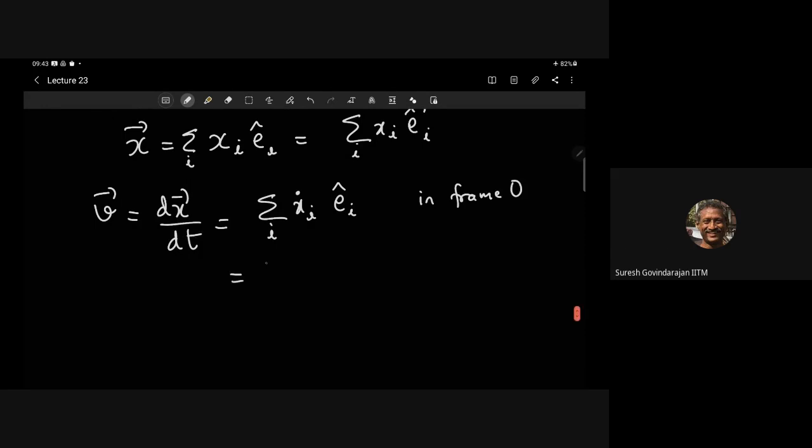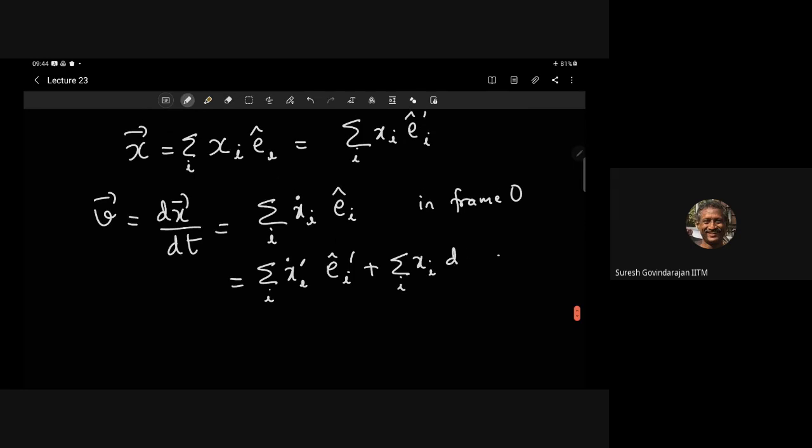But now there's a second term in this because the frame is also rotating in O prime. So I still have to do this. I don't know what this cross is doing here, so let me rewrite that.